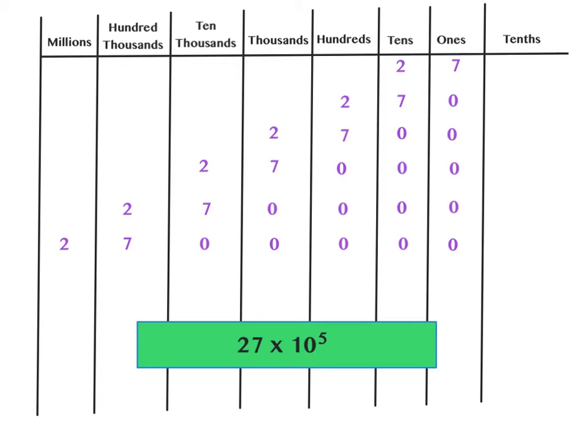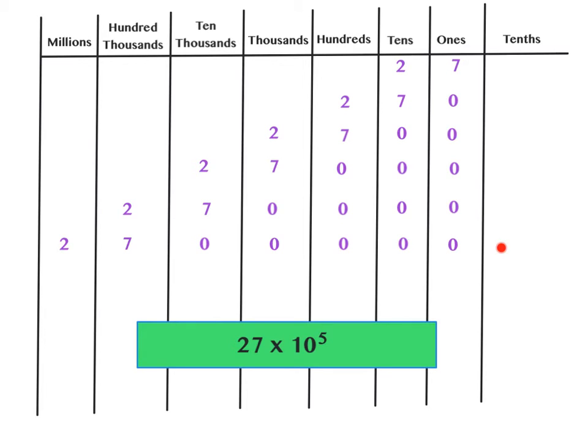We get the same result when we multiply 27 times 10 to the 5th. So we're starting with 27. 27 times 10 is 270. 27 times 100 is 2,700. 27 times 1,000, or 10 to the 3rd, is 27,000. 27 times 10 to the 4th is 270,000.